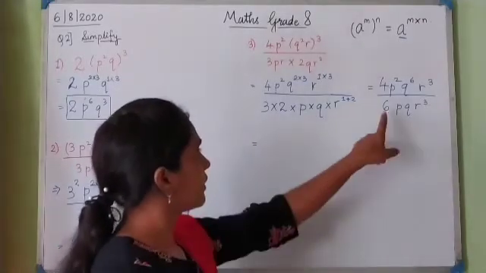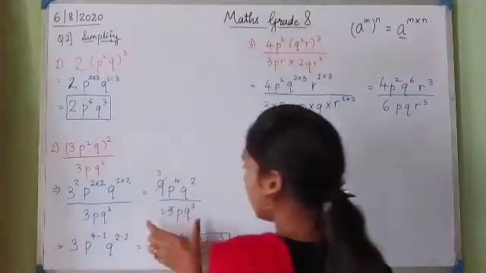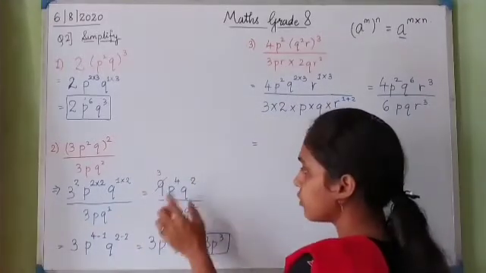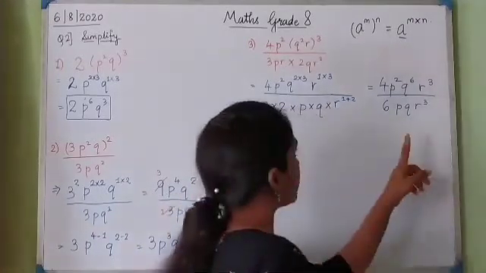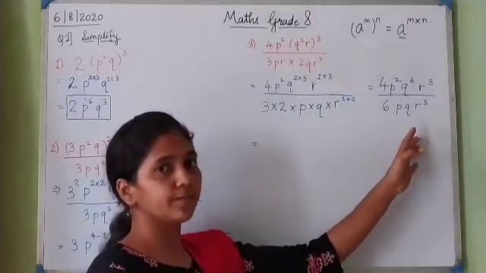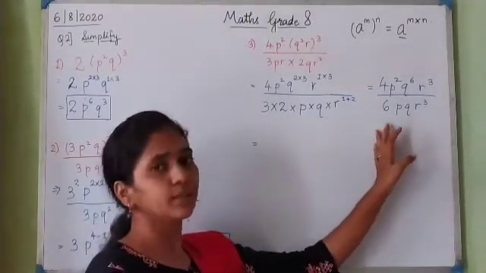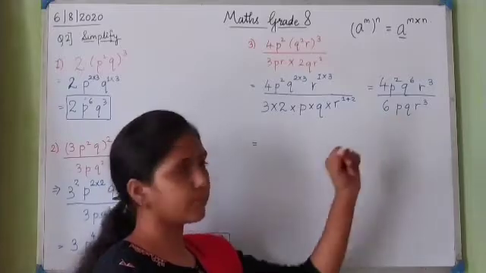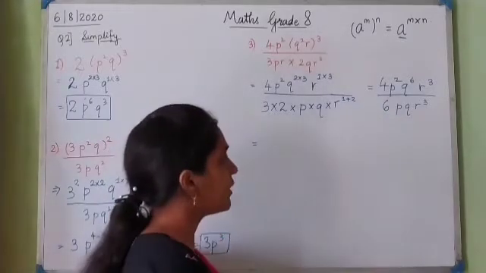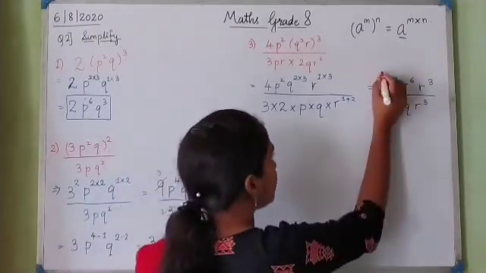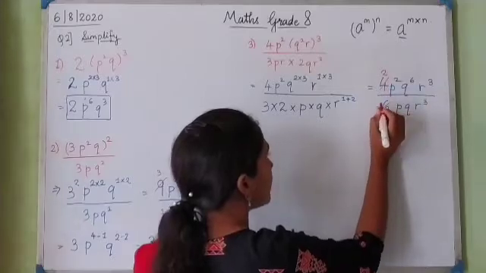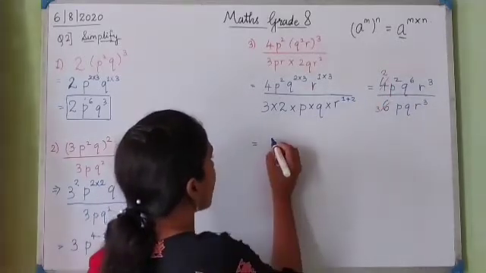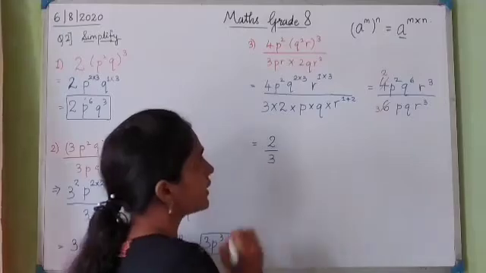Now, as we did here we got this constants also and the variables also. So here also similarly we have to divide the common constants and the common variables. Okay. So 4 and 6 can be divided by 2. So I divide them by 2. 2 2s are 4 and 2 3s are 6. So the fraction I get 2 by 3.